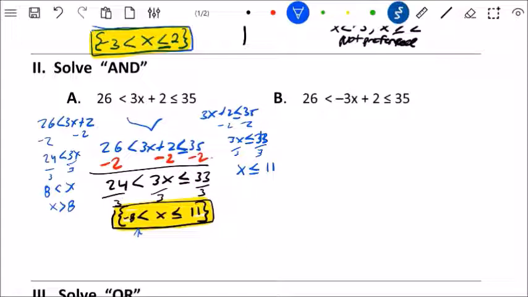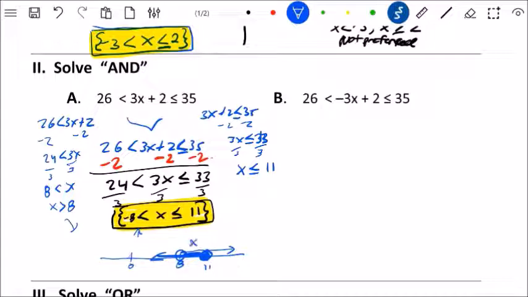So now I would graph those two, and I would end up getting the same answer as this, because here's 0, here's 8, and here's 11. This is the numbers greater than, this is the numbers less than, but the places where they overlap is here.